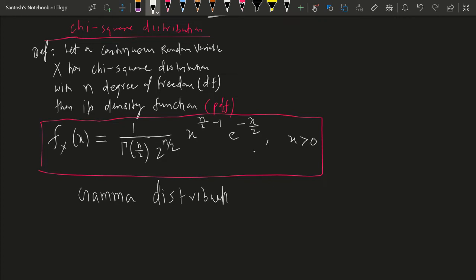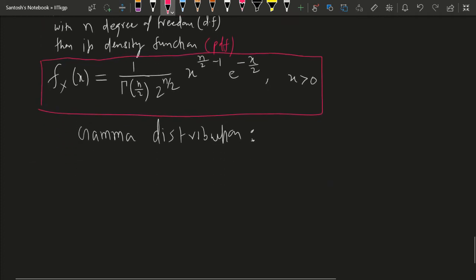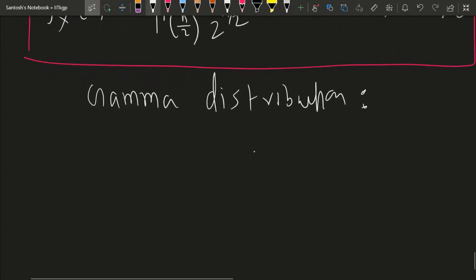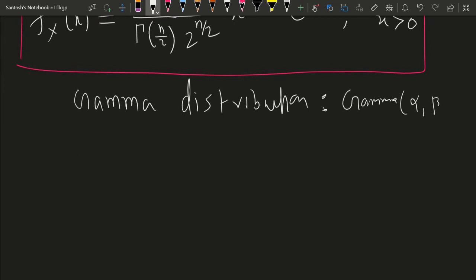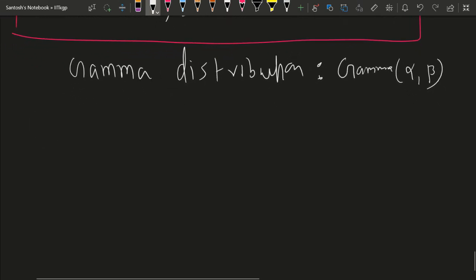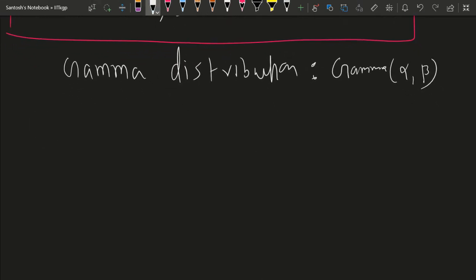Usually the notation we write is G or gamma, and the parameters here are alpha and beta. Sometimes you will also see lambda and alpha, or other parameters, but here I'm using alpha and beta. So anyone please tell me the PDF of gamma distribution.